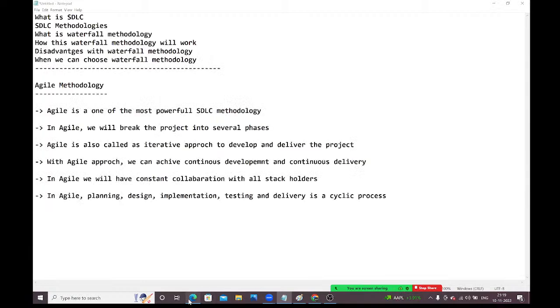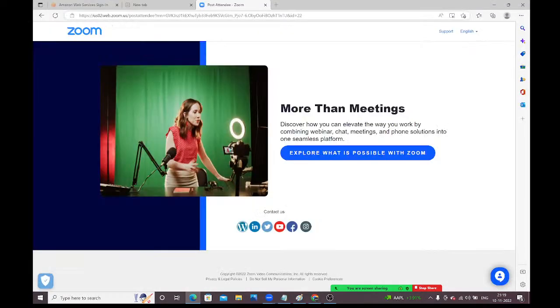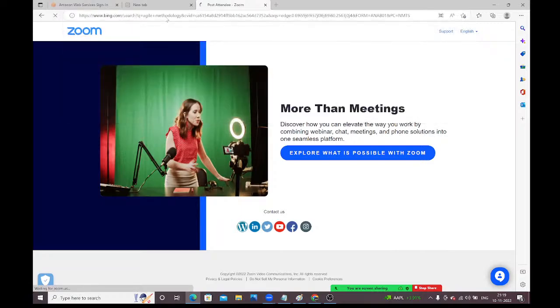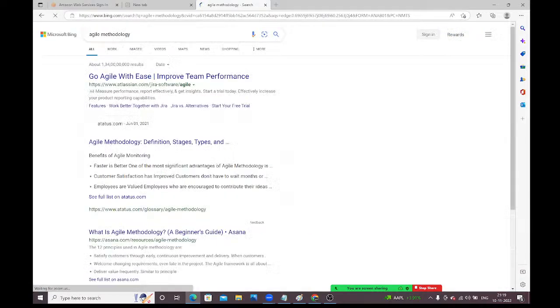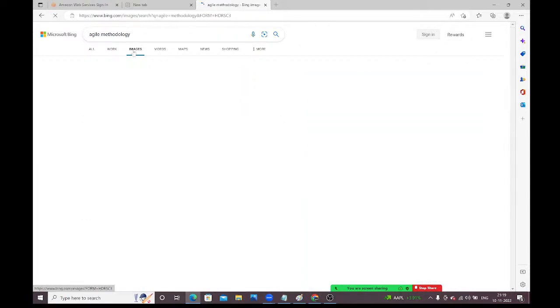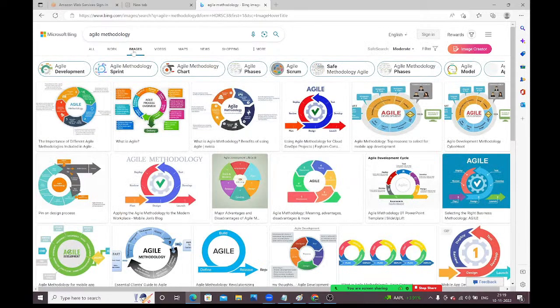Let me take one diagram, guys. Let me take the diagram for this Agile. Go to images. Here you will get some beautiful diagrams.